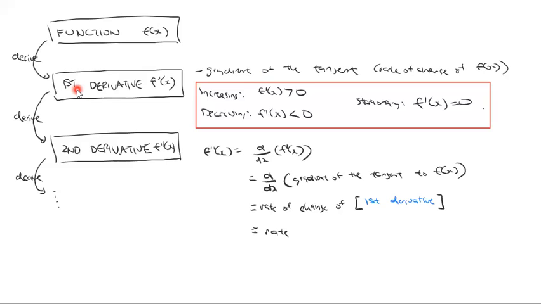Exactly. So it's the rate of change of the gradient to the curve, the gradient of f(x). So it's the rate of change, not of f(x) now, but the rate of change of the gradient of f(x). Does that make sense?